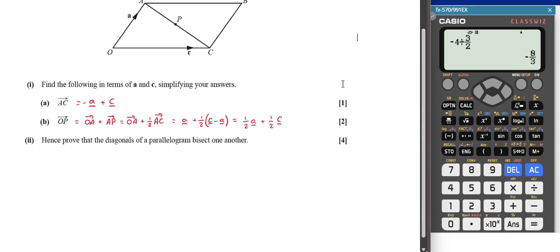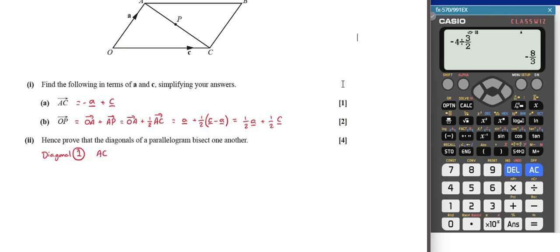It then wants me to prove the diagonals of a parallelogram bisect one another. Well, one diagonal is AC. And AC we've already worked out is C minus A. We did that at the start of the question.